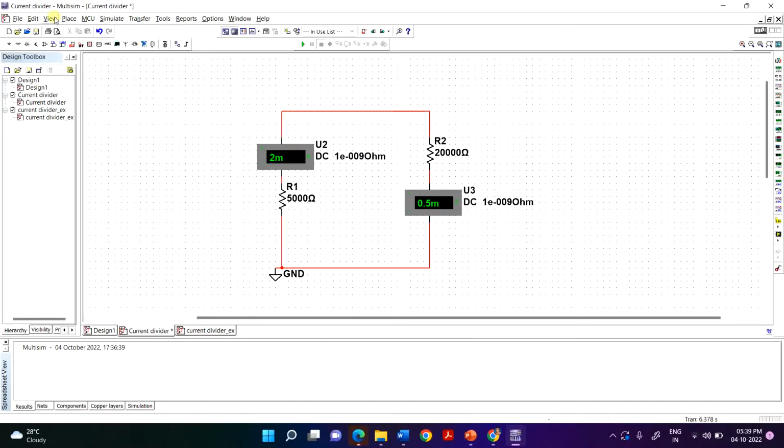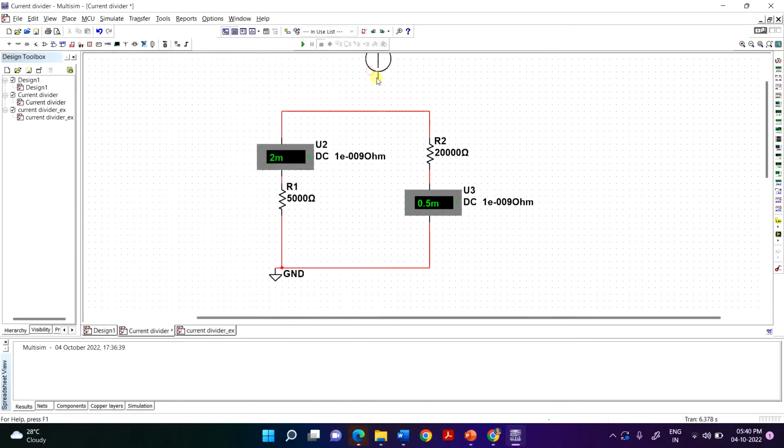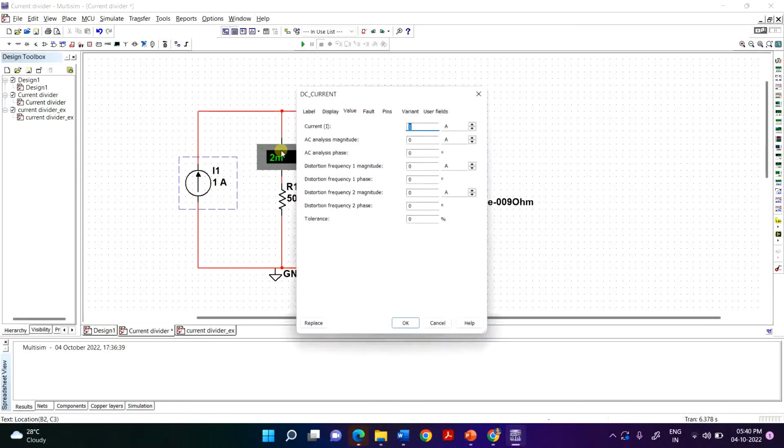I'm going to place the component. I have to look for current sources. The current that I require is a DC current, so I'm going to place that here. I'm going to give the ground connection common point, and the value of the current source that we required was 2.5 milliamps.